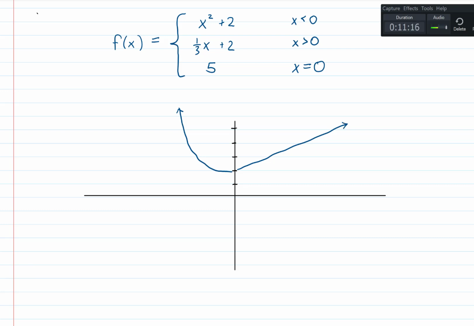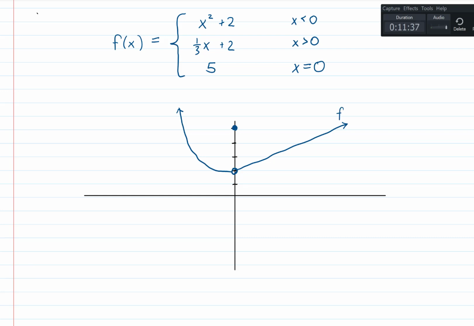And when x equals 0, f of x is 5. So there's a point sitting right there by itself. Which means what about down here? It means that there must be a hole right there. So that's what the graph of our function looks like. Okay, that's our function f.